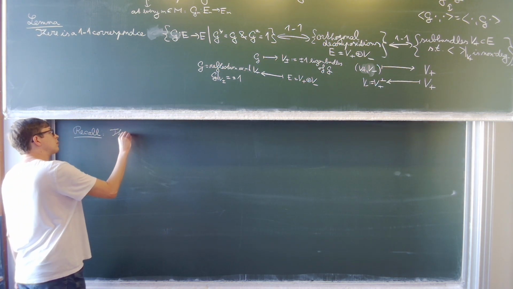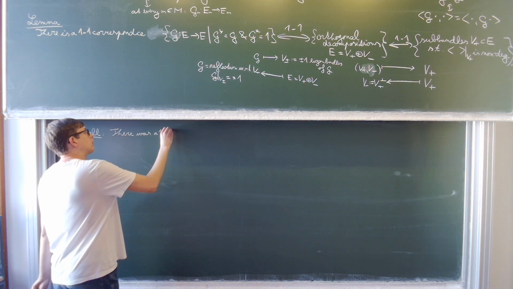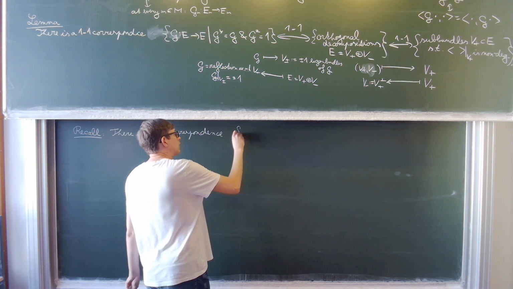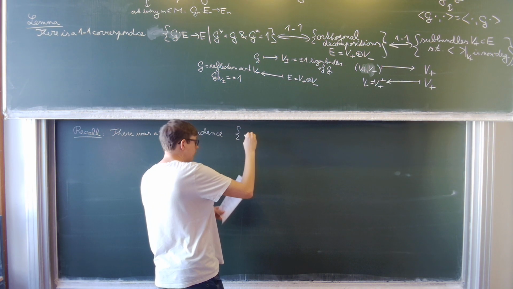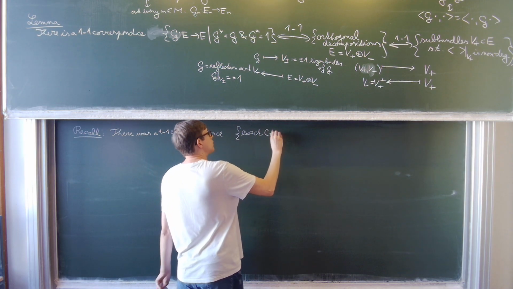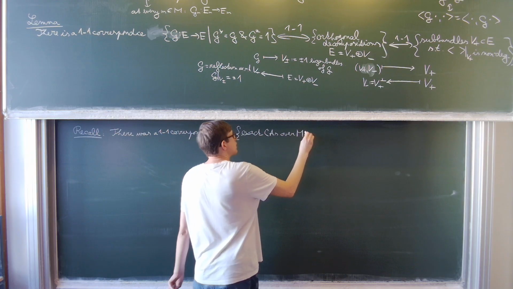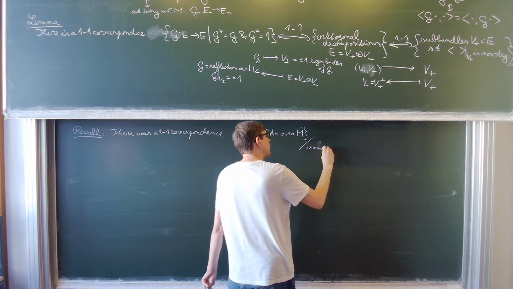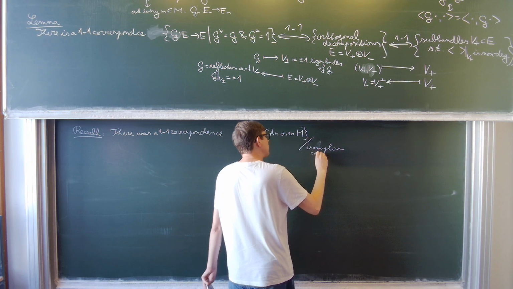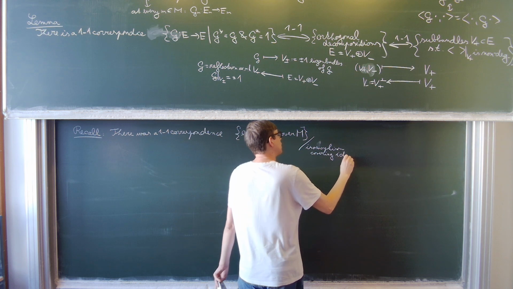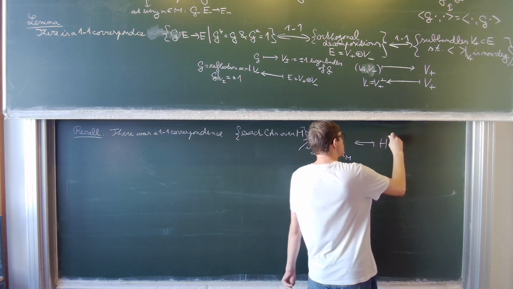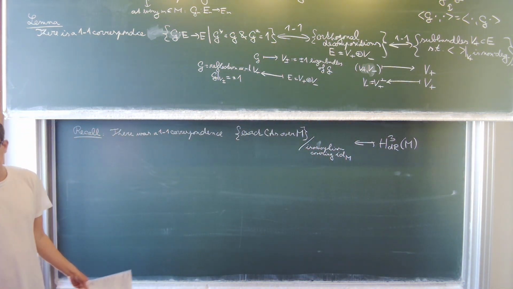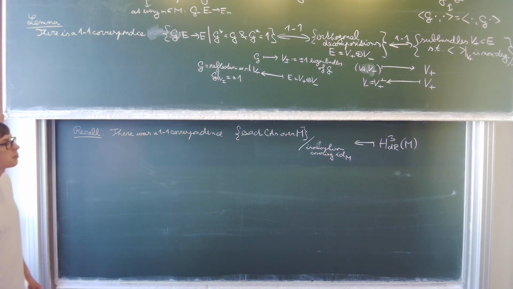Recall that there was a one-to-one correspondence between exact Courant algebroids over M, some complete manifold, modulo isomorphisms covering the identity map of M, and the third cohomology of M. If you remember, this was the Ševera classification of exact Courant algebroids. This is part of what we did last semester.